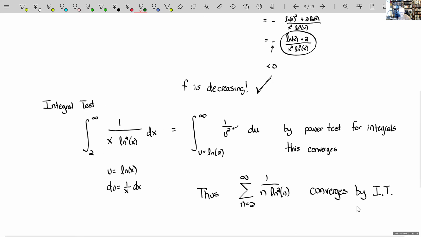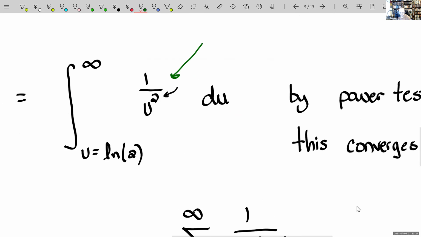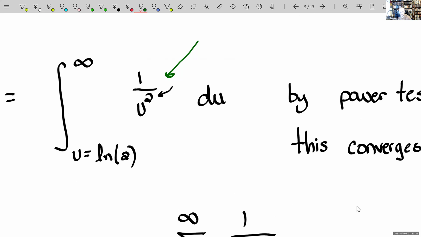And we noted here, by the way, when we did our u substitution at this point, we got down to this. Don't bother continuing and evaluating. We actually have a theorem for improper integrals that if the power is greater than 1 on the 1 over u to a power, we know it converges by the power test for improper integrals.